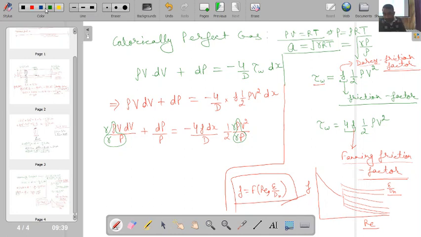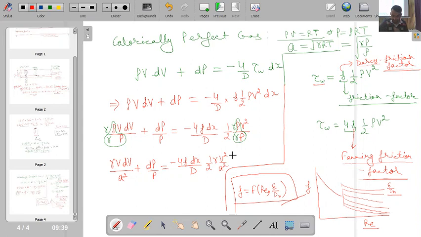So from here I will get gamma v dv by a square plus dp by p equal to minus 4f dx by d times half of gamma v square by a square.